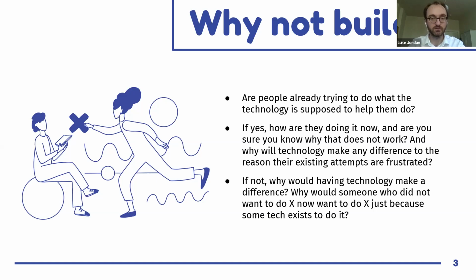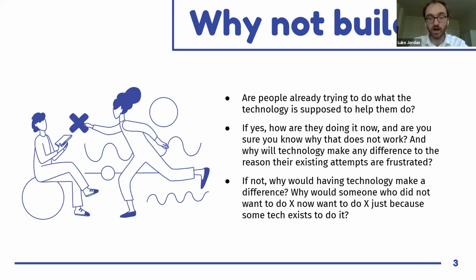If people don't find a purpose in doing something that the technology is supposed to help them do, then it's unlikely that introducing technology will help them do it. If they are trying to do it, on the other hand, are we sure that we know why how they're doing it now doesn't work?